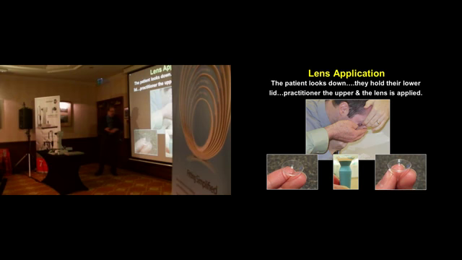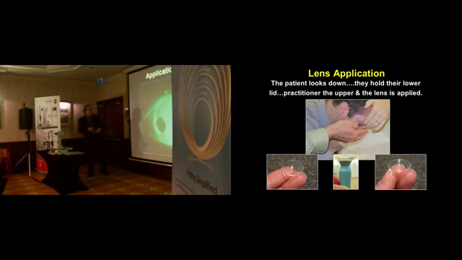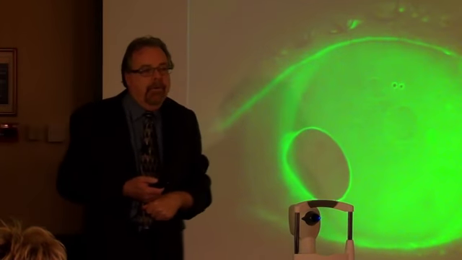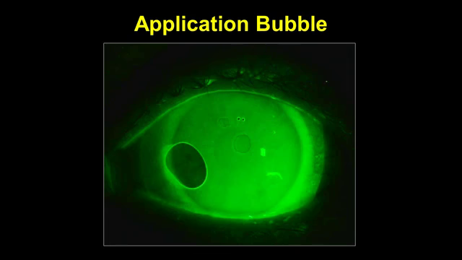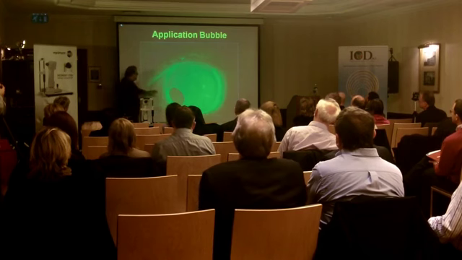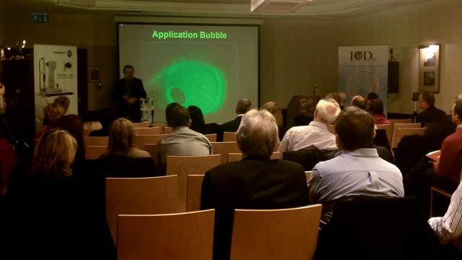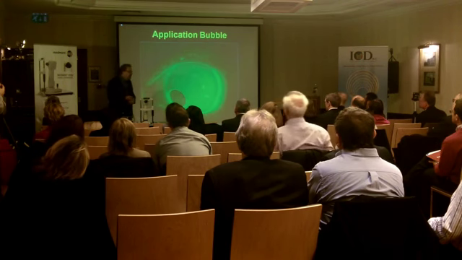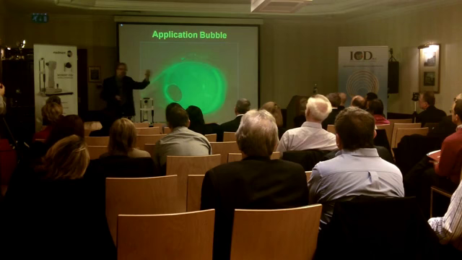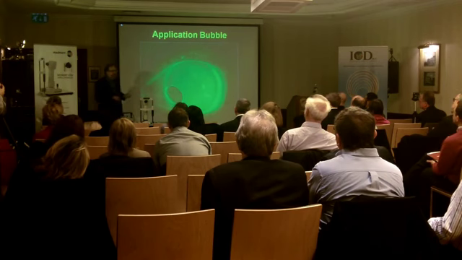Now we just simply apply the contact lens up onto the patient's eye with the lens filled with saline solution, and now the number one problem. And that number one problem is universal for all scleral lens fitters, and that is an application bubble. This is where during the application process I hit the eyelid, I hit some lashes, spilled out some of the saline solution.